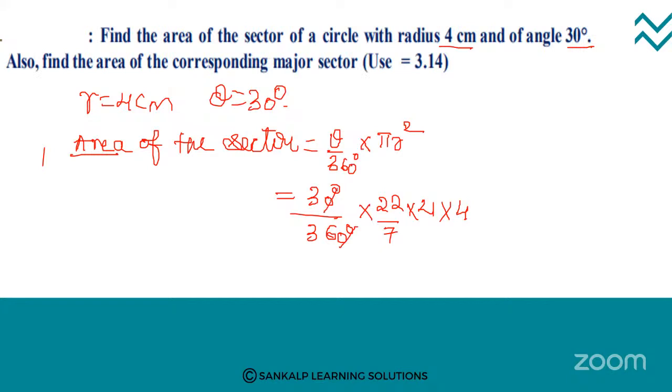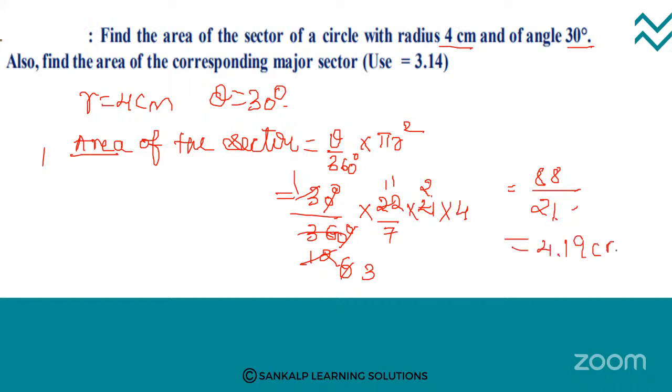The zeros get cancelled, and simplifying, 11 into 2 is 22, 22 into 4 is 88, divided by 3 into 7 is 21. 88 divided by 21 is 4.19. This is the area of the sector, 4.19 centimeter square.